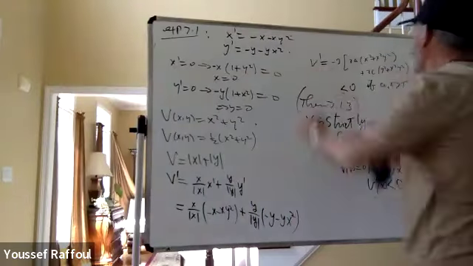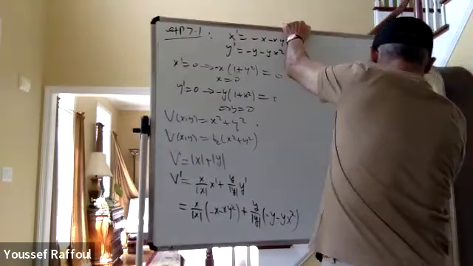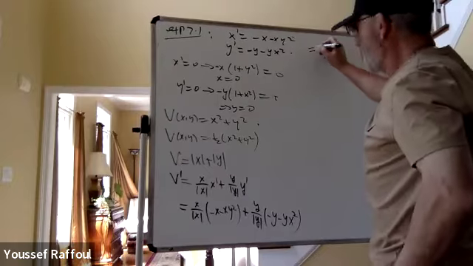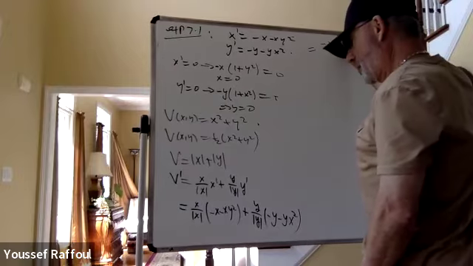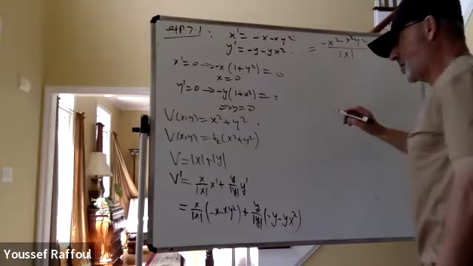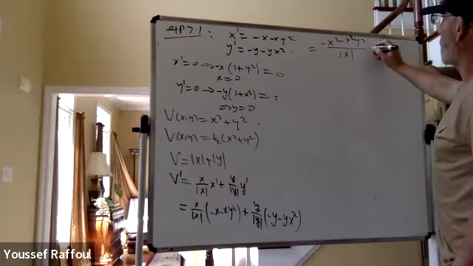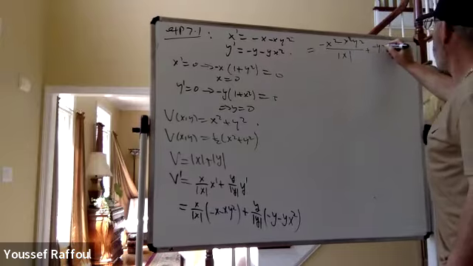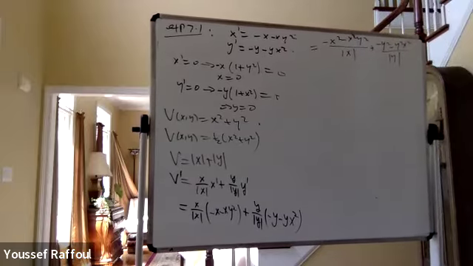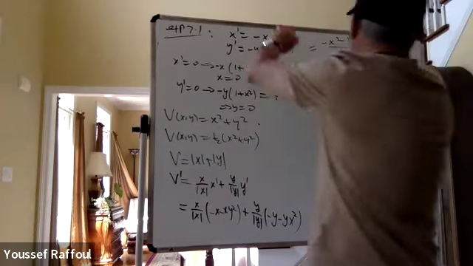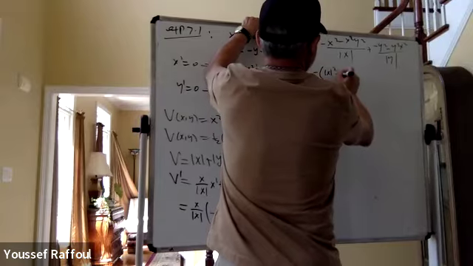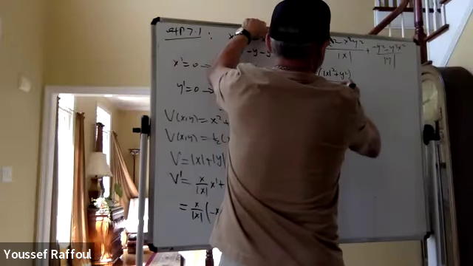So let's see what this gives us. This is equal to minus x squared minus x squared y squared over absolute value of x, plus minus y squared minus y squared x squared over absolute value of y.